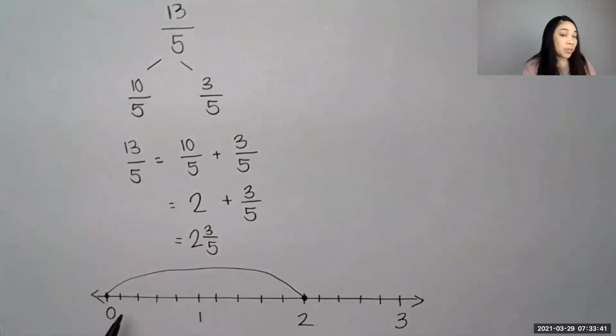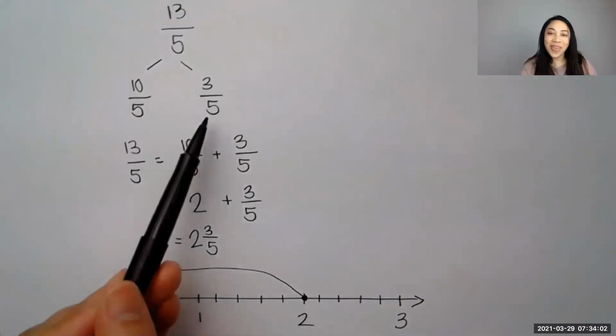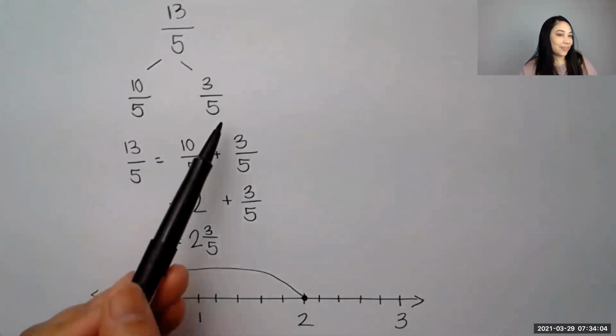And again, we can count to be sure. 1/5, 2/5, 3/5, 4/5. 5/5 equals 1. 6/5, 7/5, 8/5, 9/5, 10/5 equals 2. What's the other part? 3/5.